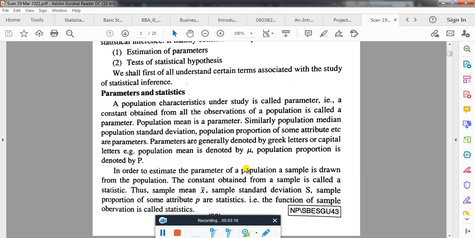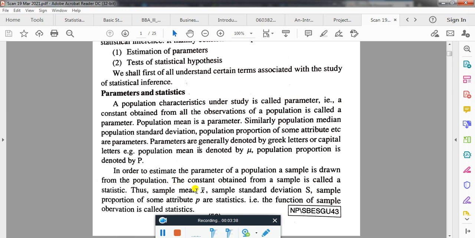In order to estimate the parameter of the population, a sample is drawn from the population. Another way to define it: a constant obtained from the population is called a parameter, and a constant obtained from a sample is called a statistic.